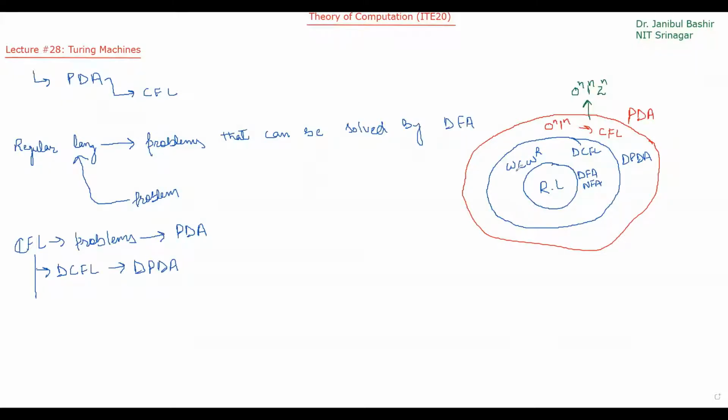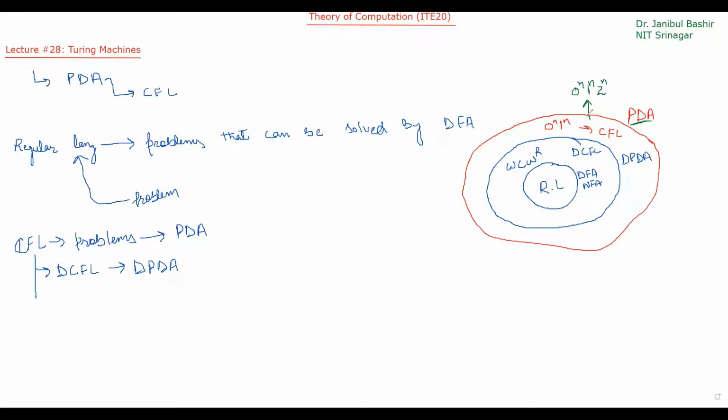So what does that mean? It means that there are some languages, or some problems, that cannot be solved by a pushdown automata. So there are some problems that are outside the domain of context-free languages.